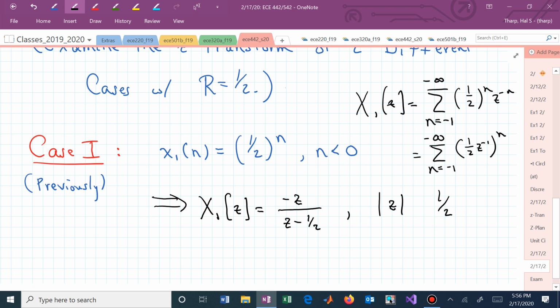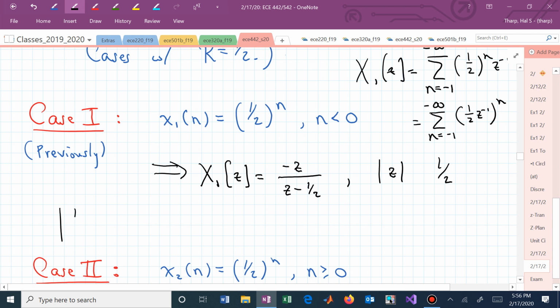So we're putting whatever is in parentheses in the basement of something. So now what do we need that argument to be if n is negative? Don't we need this common ratio, this 1/2 z to the minus 1, bigger than 1?